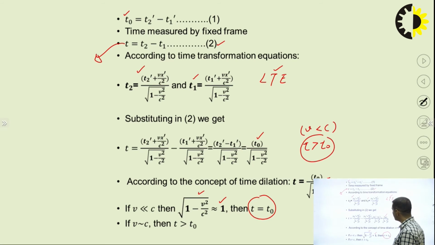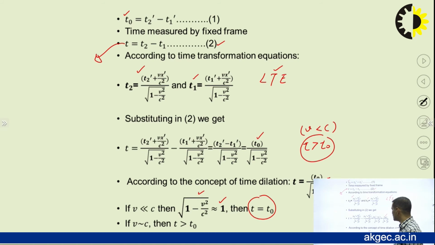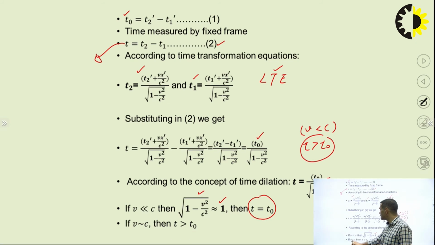That means time is absolute with respect to classical mechanics. It will not depend upon the frame of reference. But if we go to higher speeds, that means if V tends to C, then T is always greater than T naught. The measured, observed time will be greater than the actual time. So time is dilated.